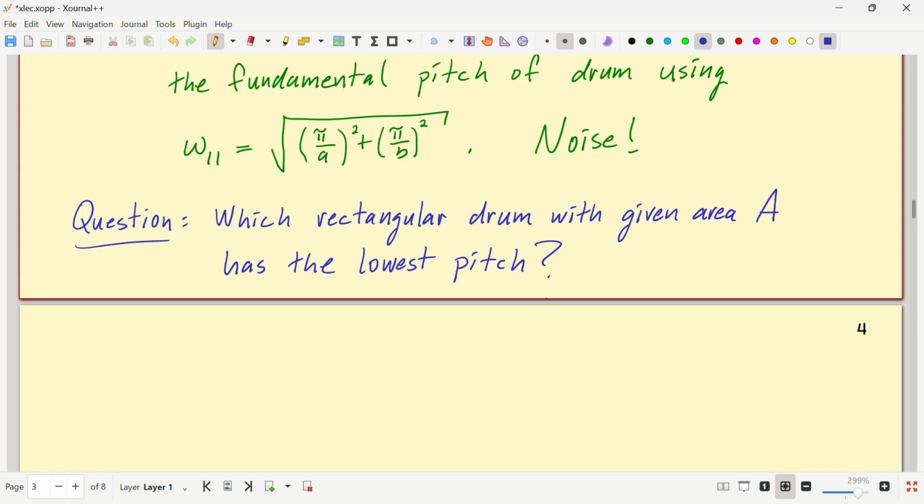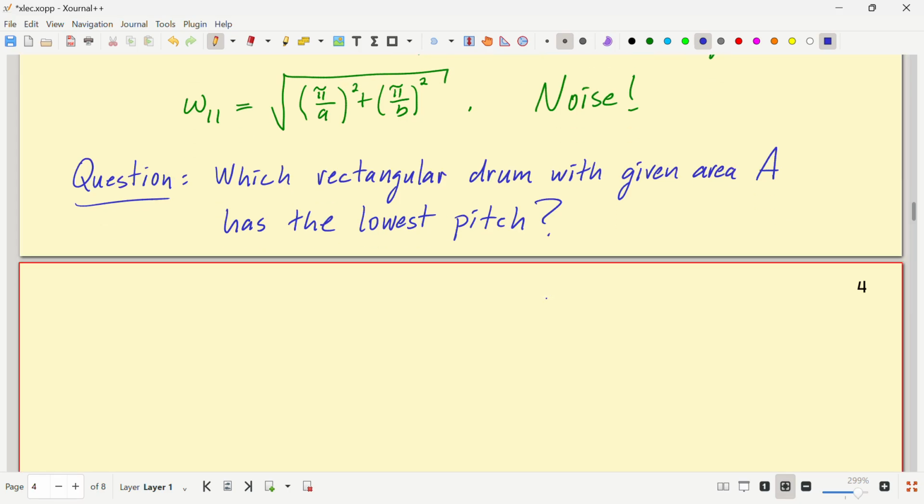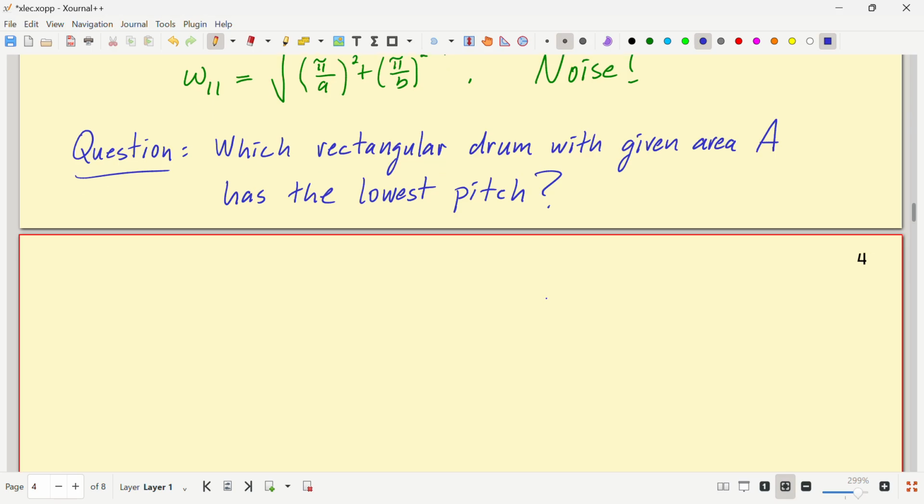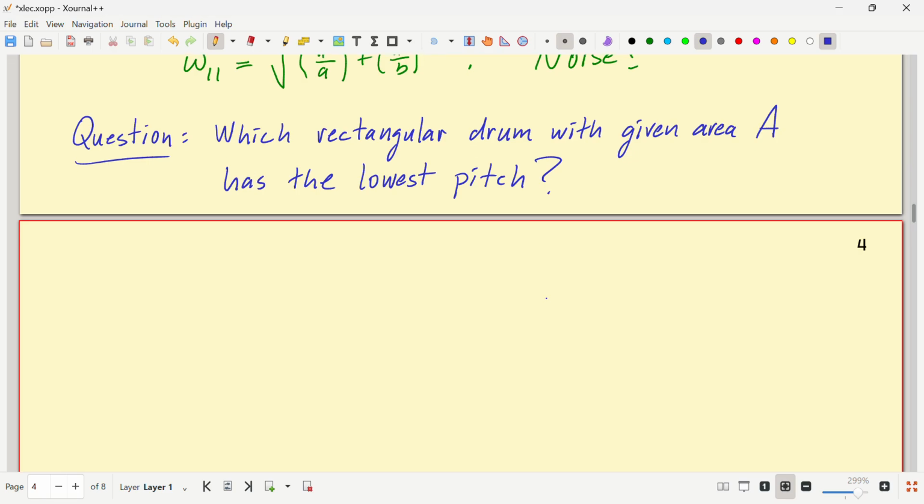There's the pitch, that's the frequency of the thing, and the lowest pitch would be the biggest omega. And if you know that A times B is a constant, capital A, then it's a freshman calculus problem to figure out when it's minimized. Well, the lowest pitch would be maximized omega.